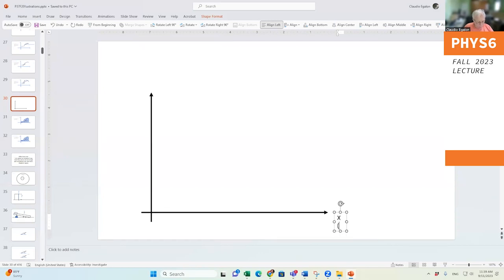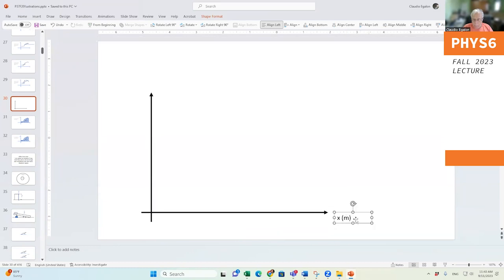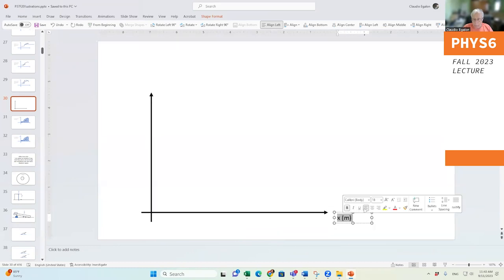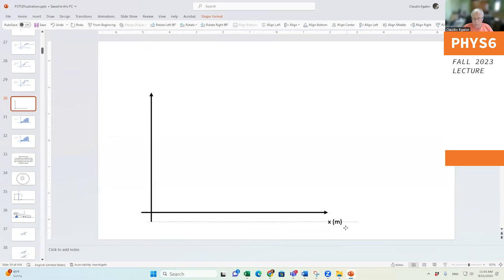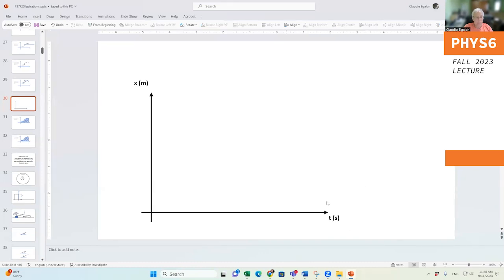Units are supposed to be there all the time. It should be lowercase f, x. No, x goes here, right? What goes in the horizontal is t, and that should be seconds.